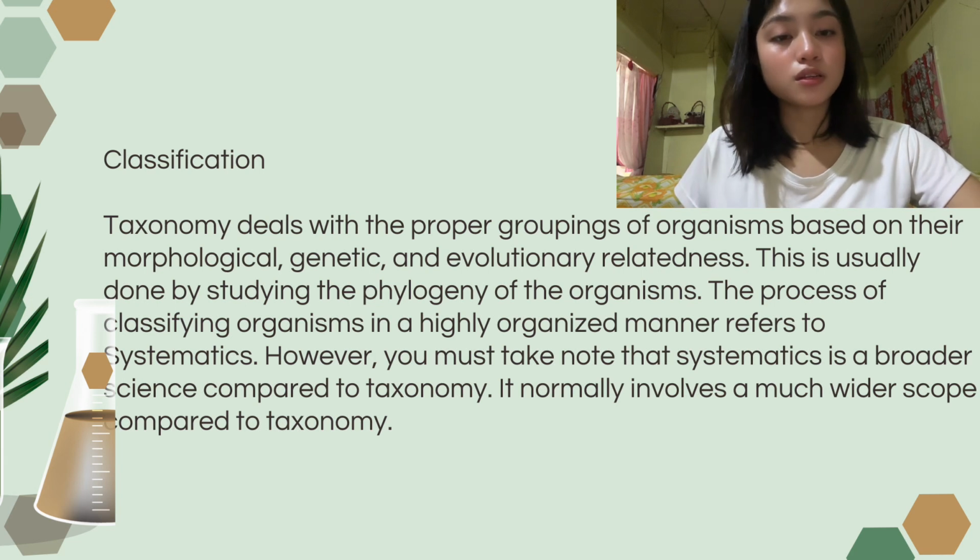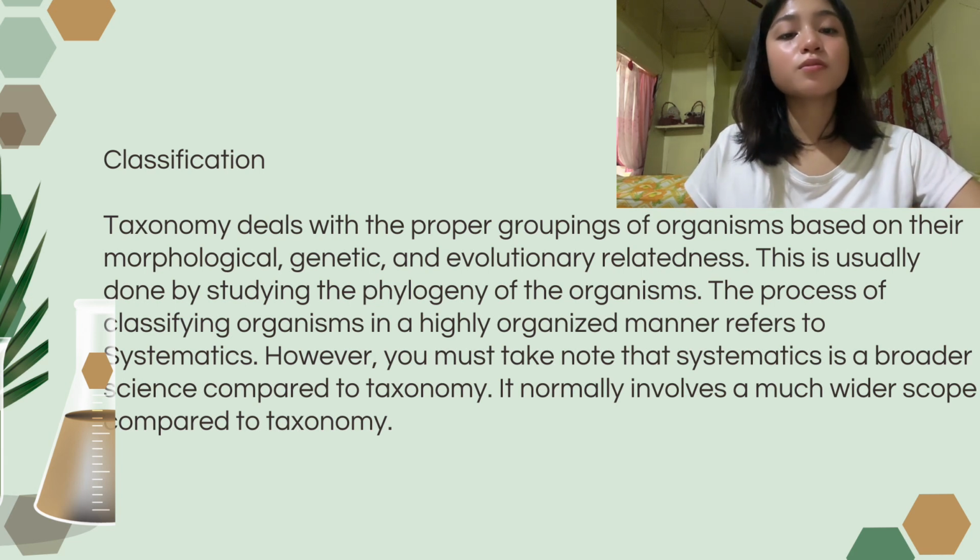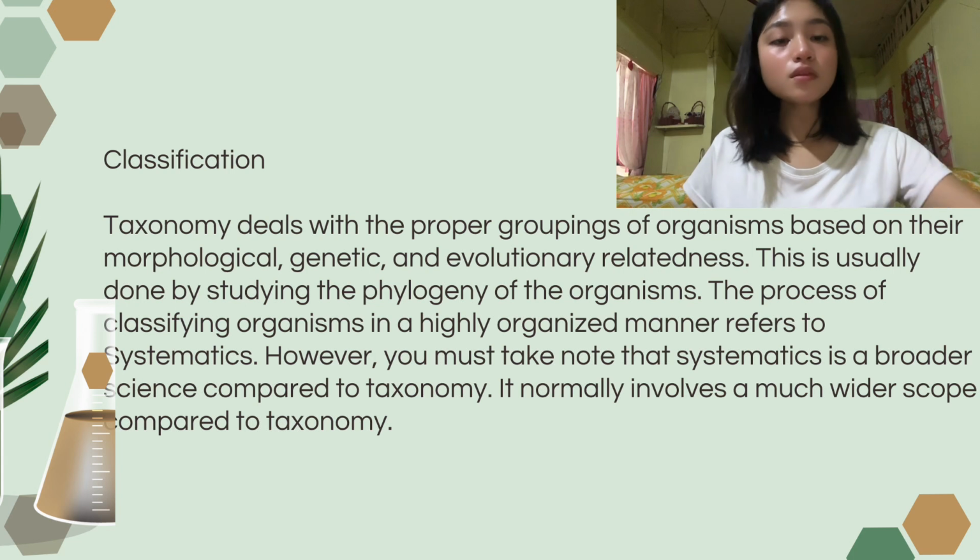So, ang taxonomy is responsible for grouping organisms properly based on their morphology, which is ang itsura or forma, and then genetics, which is ang DNA o genes, and evolutionary relationship is ang kasaysayan sa ilahang usaban. So, by doing this, scientists can understand how species are related and how they evolve over time.